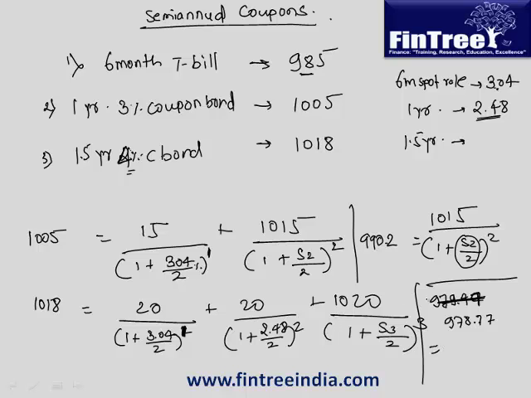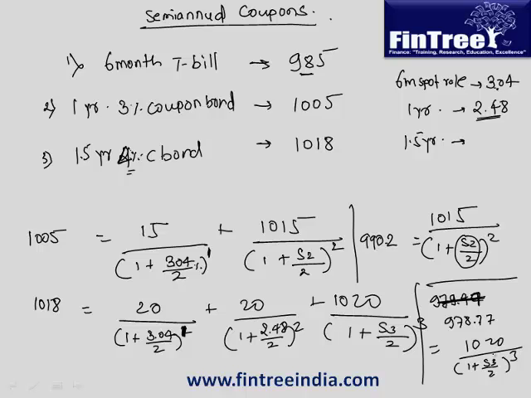is equal to, going forward, 1020 divided by 1 plus S3 by 2 raised to 3. Okay, so what is that rate which will make 978 equal to 1020 in 3 periods? So second, clear TVM. 978.77 plus minus is present value, 1020 is future value, 3 is n.